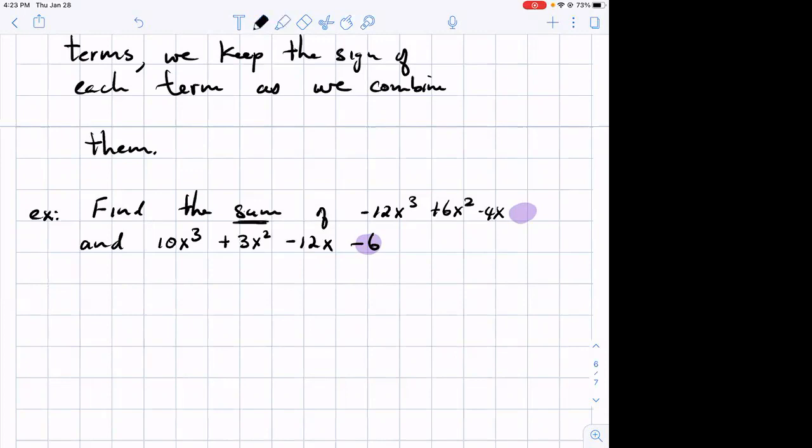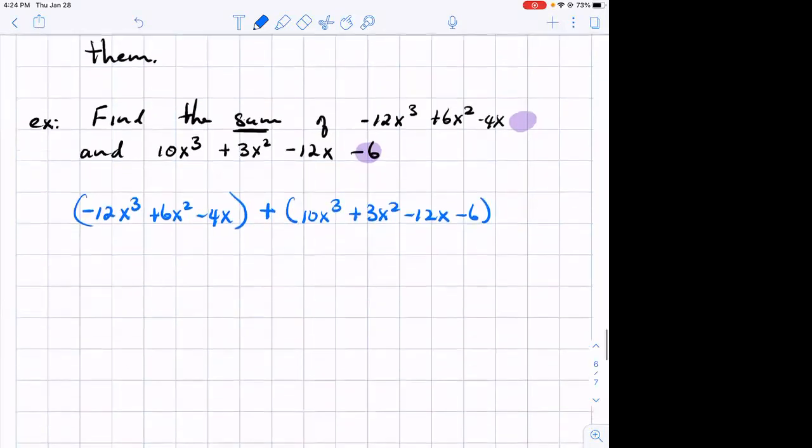So since we're summing, I'm going to write the first polynomial, which is minus 12x cubed plus 6x squared minus 4x. That's my first polynomial. And I'm going to add that with the polynomial 10x cubed plus 3x squared minus 12x minus 6. And then I do the same thing as I did before.